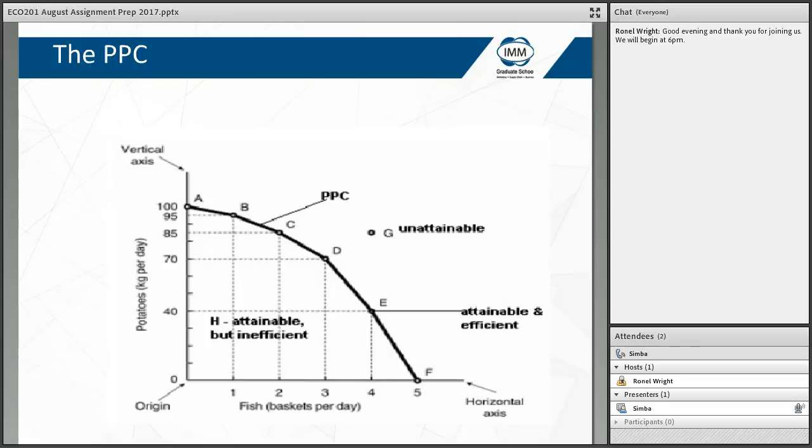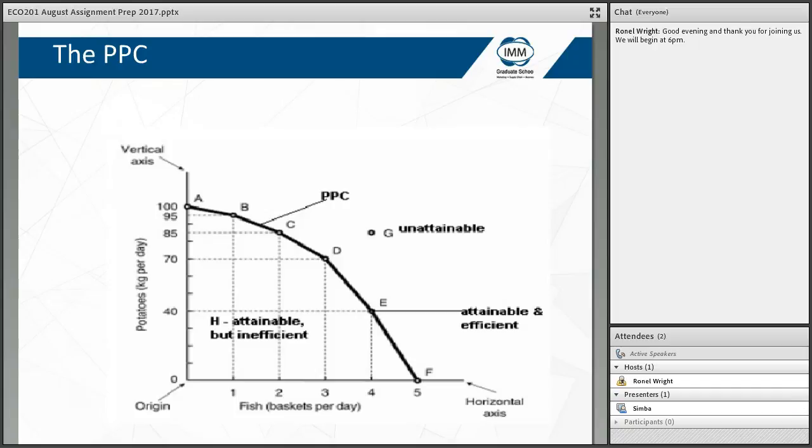What you need to take note of is that it is an assumption that our society is only producing two goods. In reality, we produce many goods, not just one. But it's an assumption so that we are able to simplify our reality. So in economics, we make a lot of assumptions.